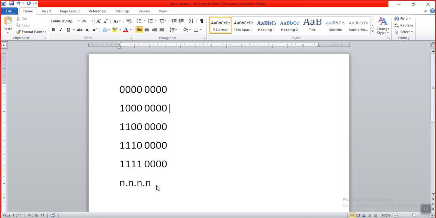With this IP address we are going to write subnet, the same way a number and then subnet.